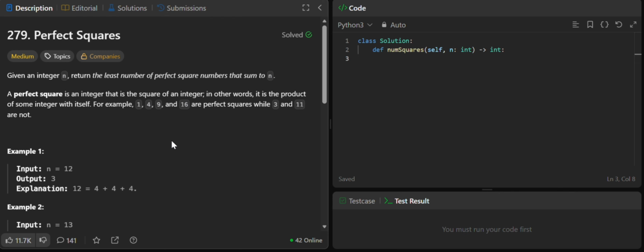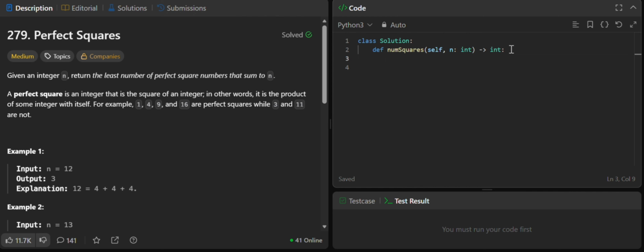So let's jump into the solution and solve the problem. First, we check if the given number is a perfect square or not.